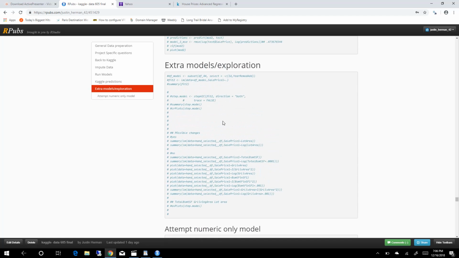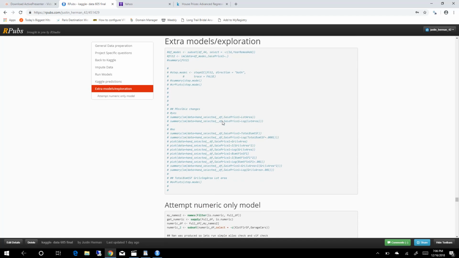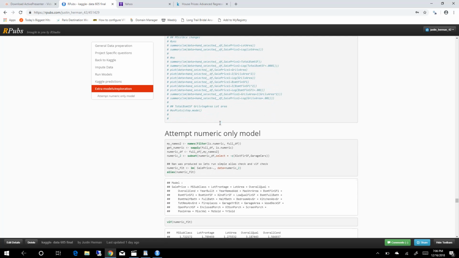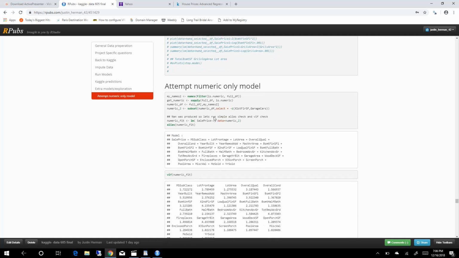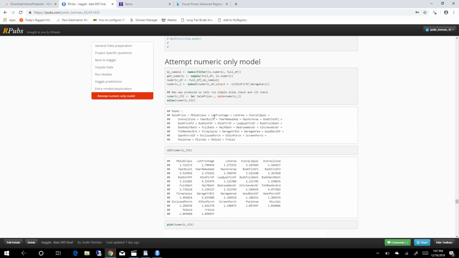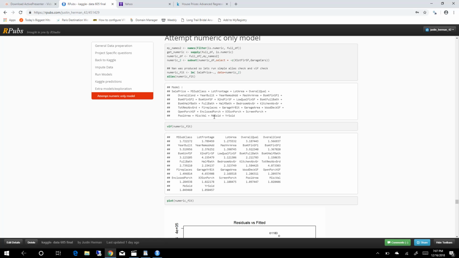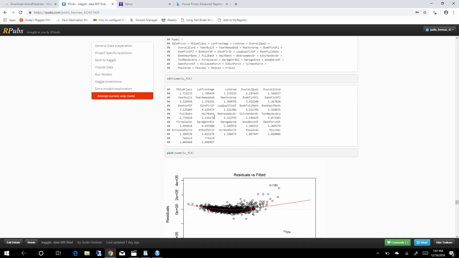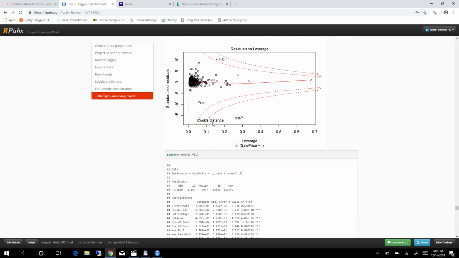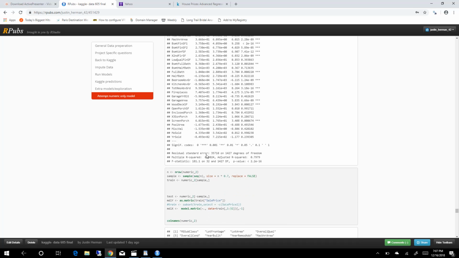So just to show, I thought about exploring and doing some log transformations and adding some interaction effects. And in the end, I didn't do any of that. It was too much. And then I actually tried to do a numeric only model, figuring, okay, maybe if I run a numeric only model, I can do some interaction effects between them and see how that runs. But the numeric model's R squared was lower.